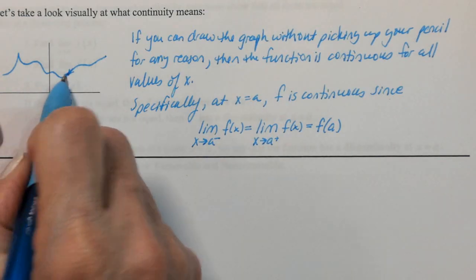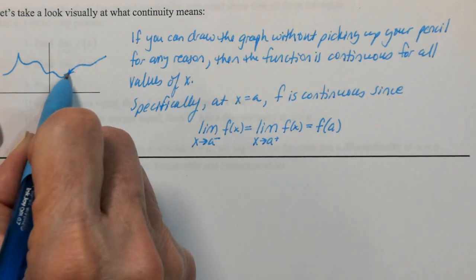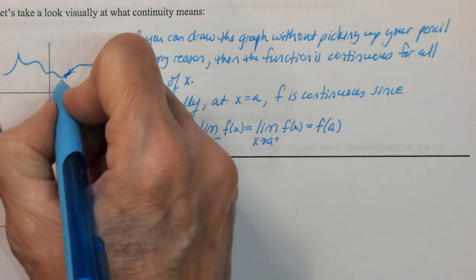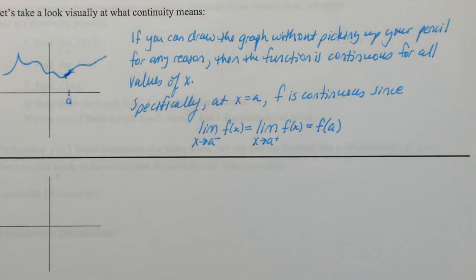Limit from the left equals limit from the right, and the function value is right there as well. All three things are equal.